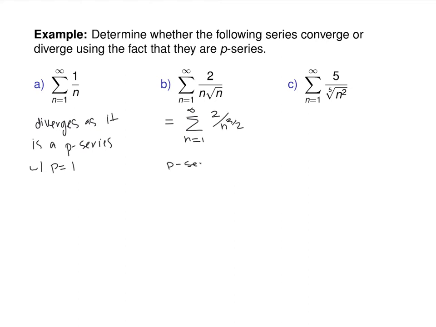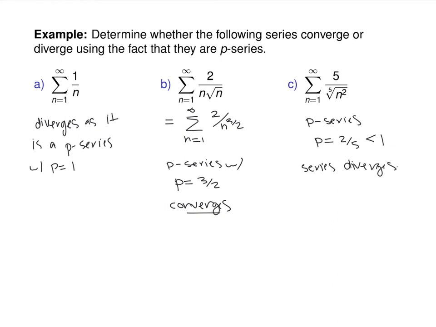So it's a p-series with p equal to 3/2. Therefore, this series converges. And this one is a p-series with p equal to 2/5. Since that's less than 1, this series diverges.